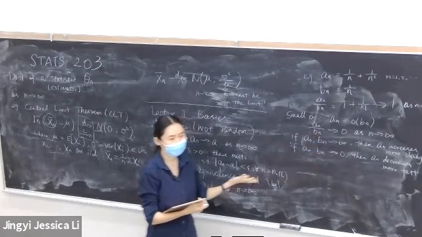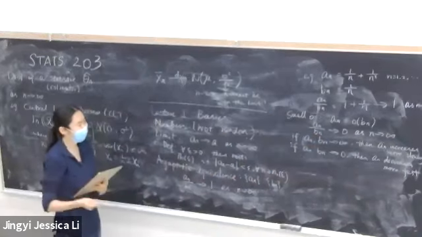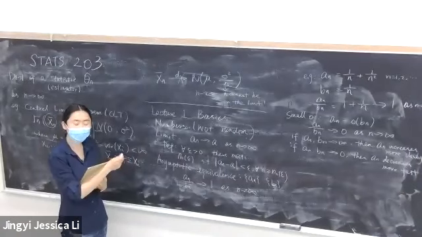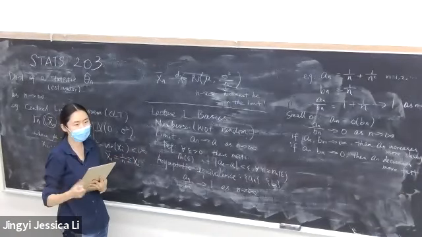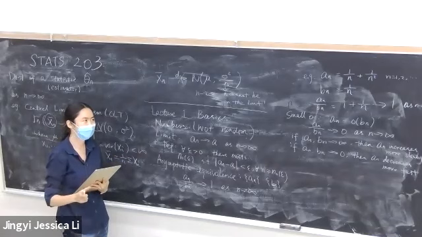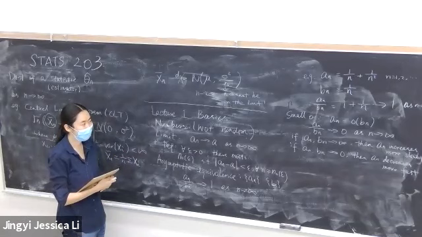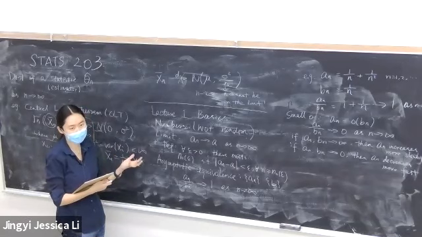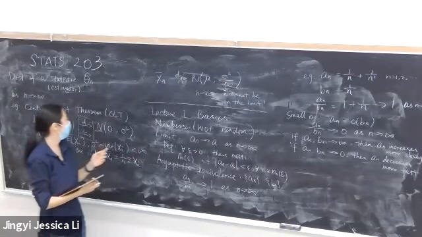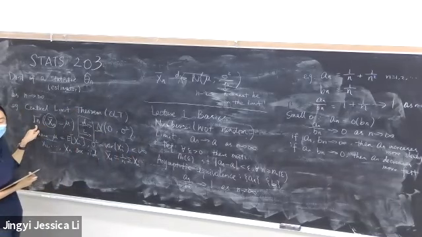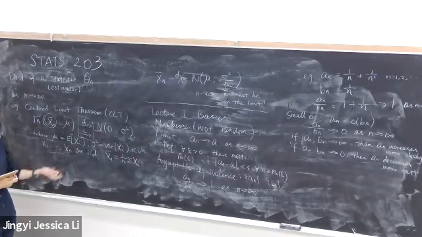In a lot of the statistical arguments, we use lower and upper bounds to give us a best scenario, worst scenario idea, so that we can have a better idea about the rate. Because often the rate in terms of n can be quite complicated. So if we simplify it somehow, then we can better talk about it.